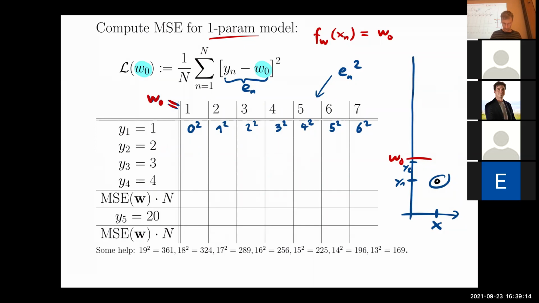So if your model is 1 and the data is 2, then the error is 1. If the model is 2, then you're perfect, you have 0 error. So that's the cost of my data point 2. That's what I'm plotting here, right?